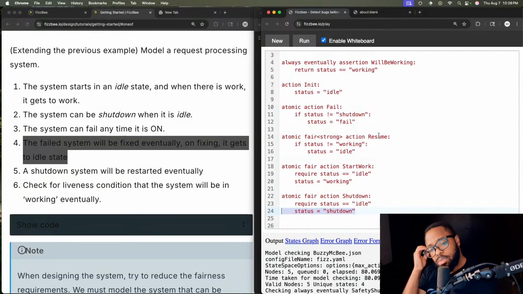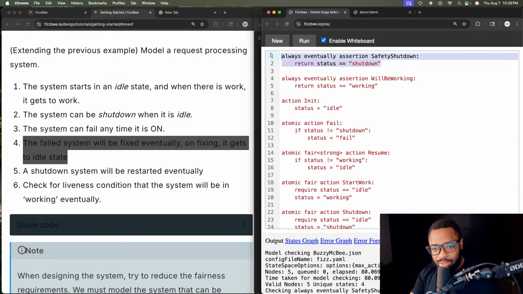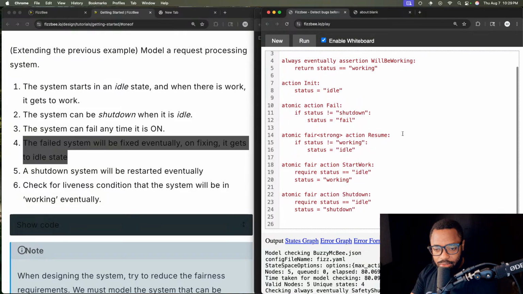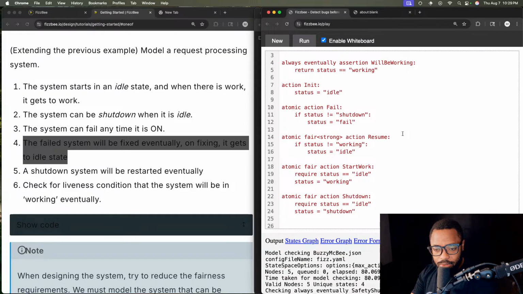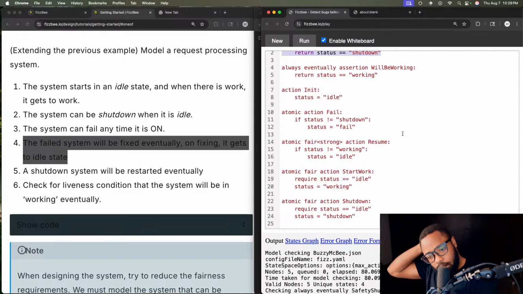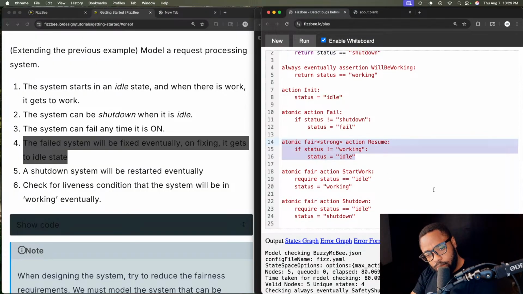Yeah, what happened? Well, at least this will be satisfied. But then is there anything that's forcing me to go from shutdown to idle? Yeah, this here.